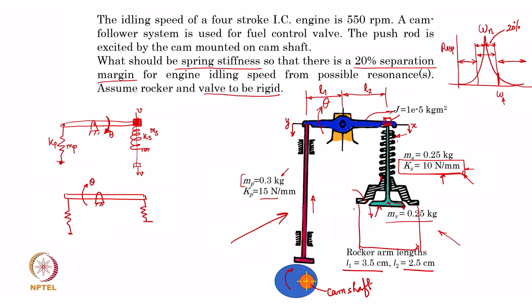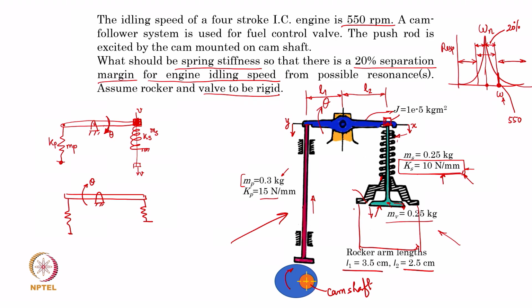Now, how does it relate to engine idling speed? Because if we are idling at a particular speed, let us say 550 rpm, which is given here, which means that let us say I am operating at this particular position, which is 550 rpm, and the natural frequency may be somewhere here.